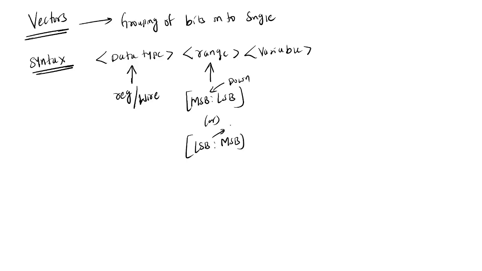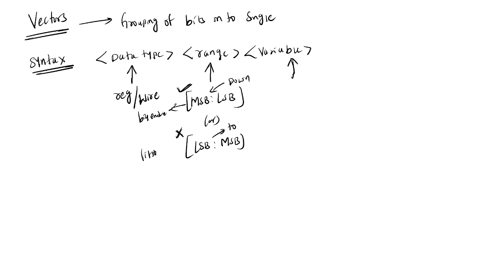Normally MSB down to LSB is big endian, and LSB to MSB is little endian. Mostly the first one is preferred, the other is not. In big endian, first the MSB comes and next the LSB. And then the variable, whatever variable you want to declare. So whatever the range is, the size comes before the variable.